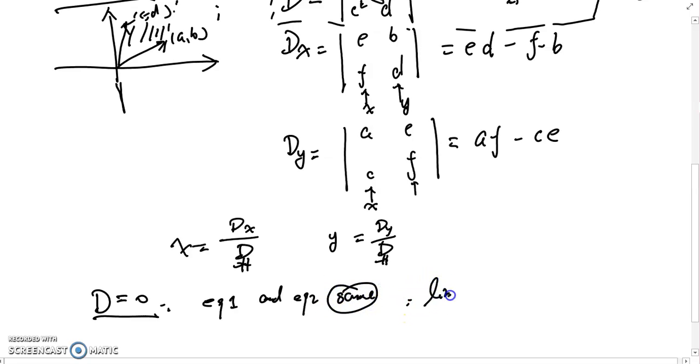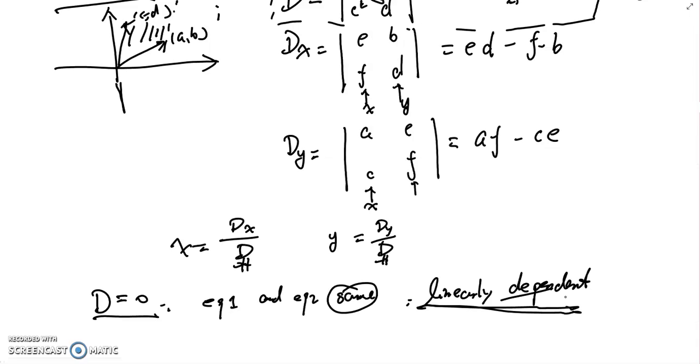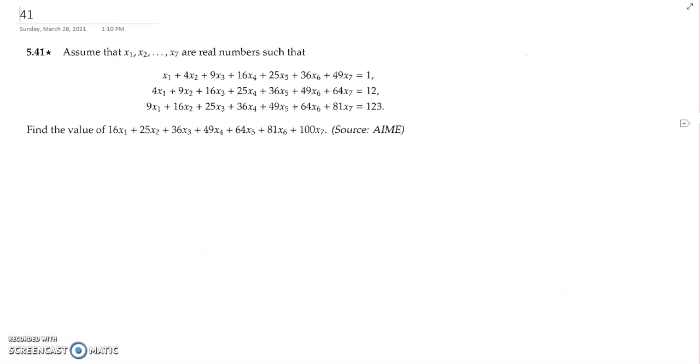We call this linearly dependent. These two columns are linearly dependent, so it's basically the same thing, and that's why you cannot solve it.